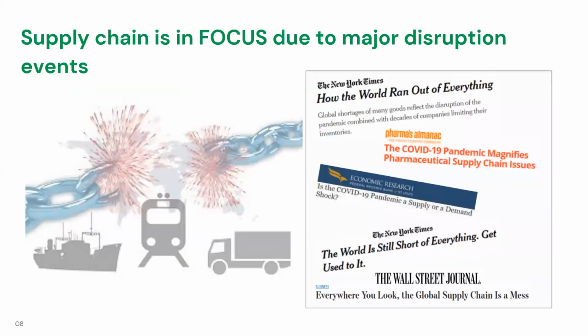So lastly, I want to talk about why supply chain has been in focus recently. We have gone through the pandemic, correct? Because of the pandemic, we saw shortages of food supplies and basic essential day-to-day life products. In addition to that, there have recently been a lot of disruptions.